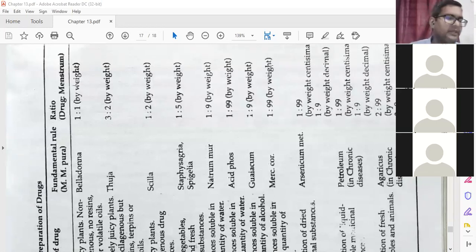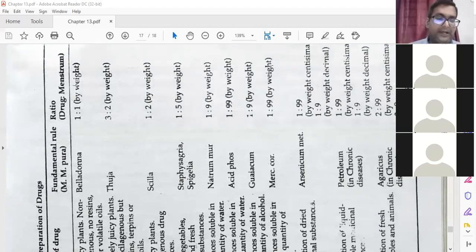Now we will go to class 3. Sources is vegetable kingdom. Then least juicy plants, mucilaginous drug substances. Fundamental rules, Materia Medica Pura: Squilla, discussed by Dr. Hahnemann in the chapter on the drug Squilla. Then drug and menstruum ratio is 1 to 2 by weight.